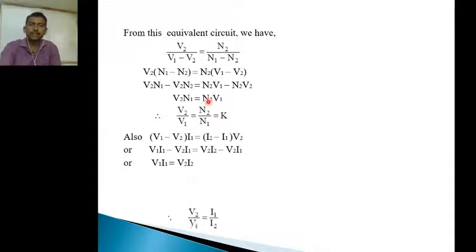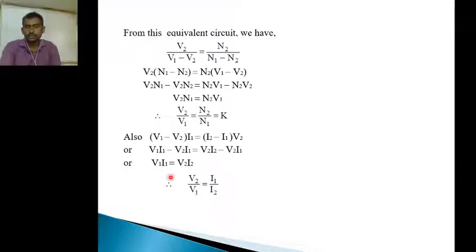In a similar fashion, the primary side voltage is V1 minus V2 and the primary side current is I1. Similarly, the secondary side voltage is only V2 in the diagram, and the secondary side current is I2 minus I1. So V1 I1 minus V2 I1 is equal to V2 I2 minus V2 I1.